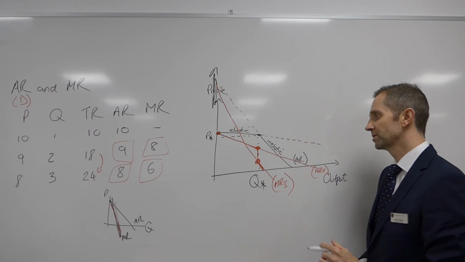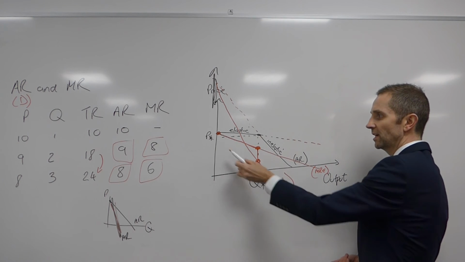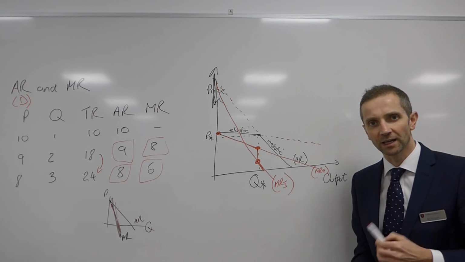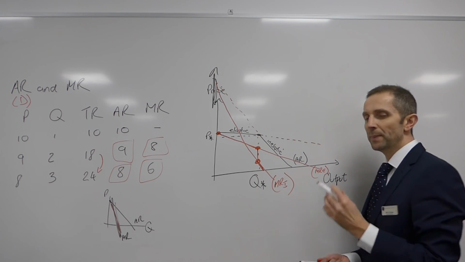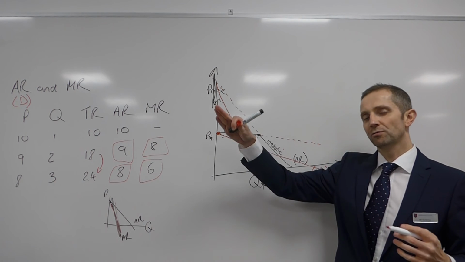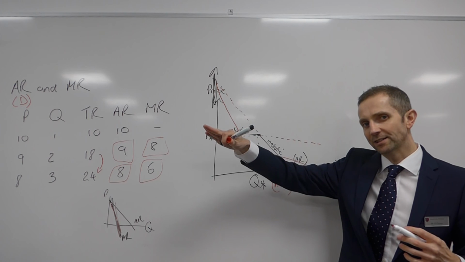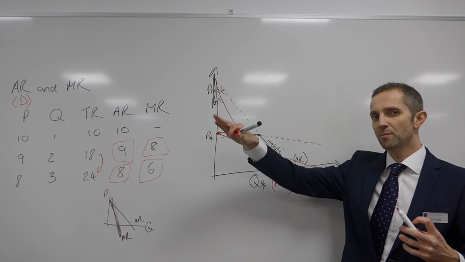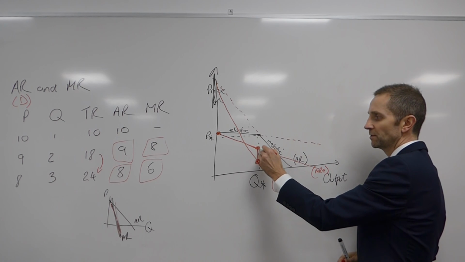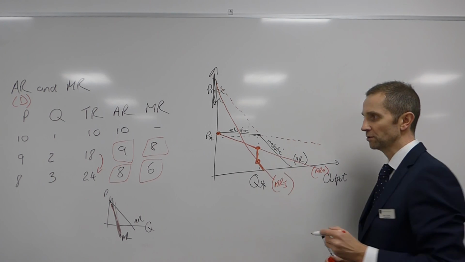And as a consequence of that, ladies and gentlemen, you can see that we have to therefore have this discontinuity in the marginal revenue curve because of the fact that actually we're jumping from a marginal revenue curve on a very elastic demand curve to the marginal revenue curve derived from a very inelastic one. And that is the reason why we have this discontinuity.